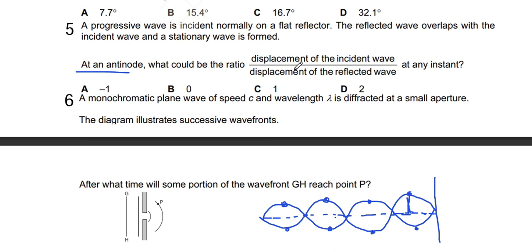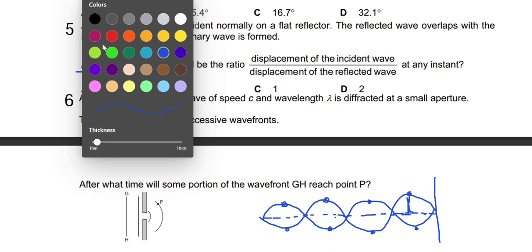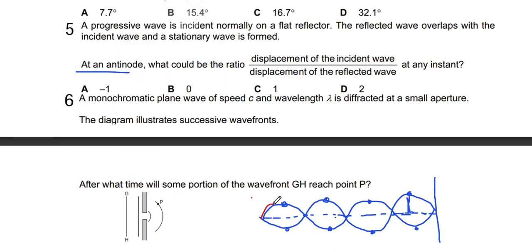They're asking for the ratio of the displacement of the incident wave, which was the initial one, compared to the reflected one. We can easily notice that the displacement of the incident one and of the reflected one must be the same. Means amplitudes are the same, so the ratio should be 1:1. So the answer should be C.